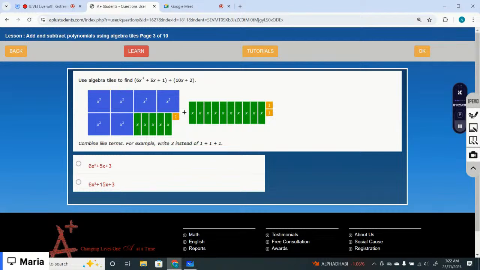Use algebra tiles to find 5x plus 6x square plus 5x plus 1. You need to add 10x plus 1. So which is the correct option?